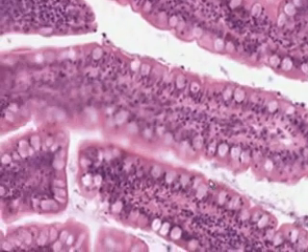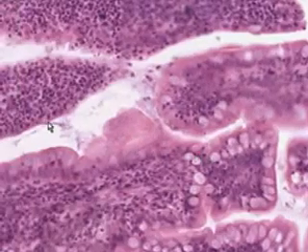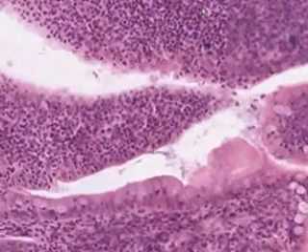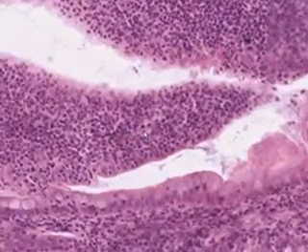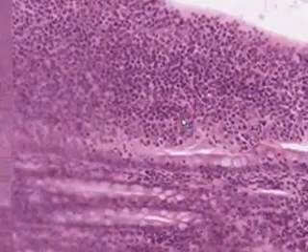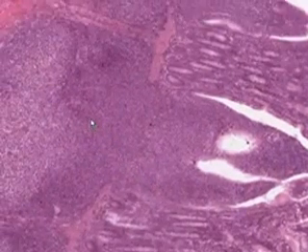And here we are traveling further into the deeper parts of the mucosa. We can see pretty much the same type of arrangement. We see a lot of lymphocytes here, and we are now very close to the end of the mucosa. That's why we're starting to see some lymphoid patches in the submucosa, which are very abundant.